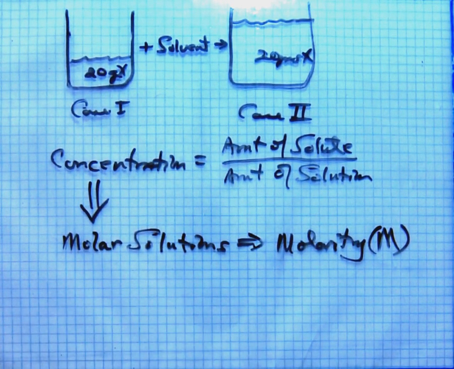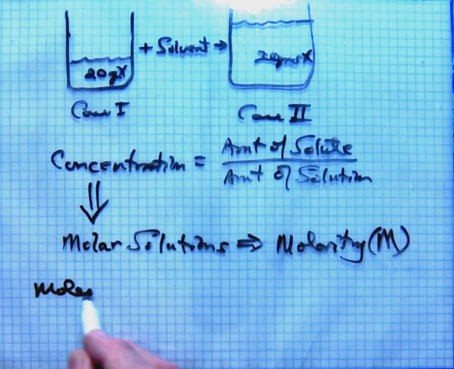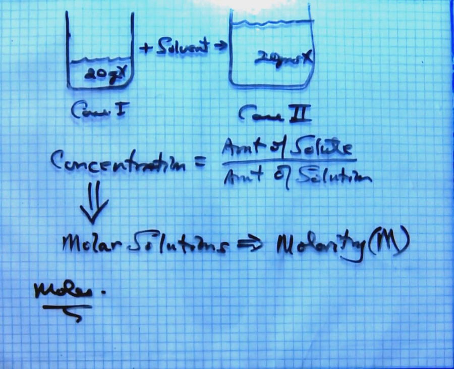In using molar, we use moles. Is a mole and a molarity the same? No. A mole is a mass. Stop, just listen to it. Moles is a mass term. Molarity is a concentration term, like density.